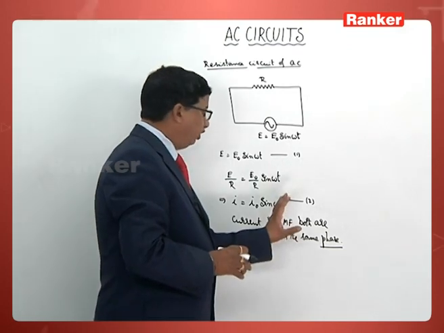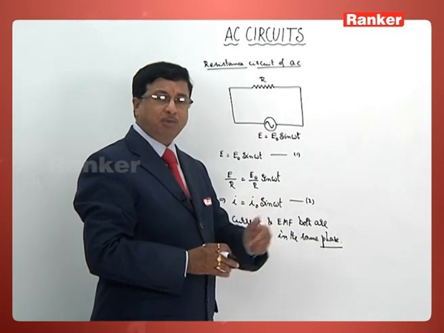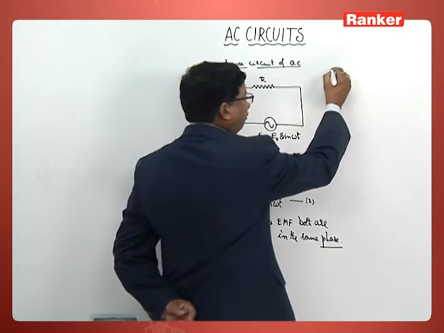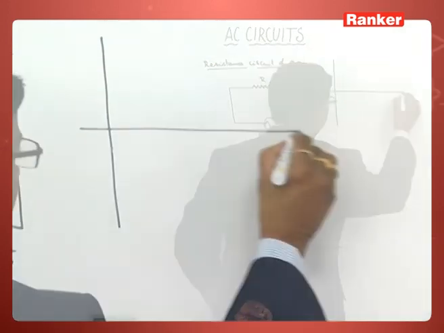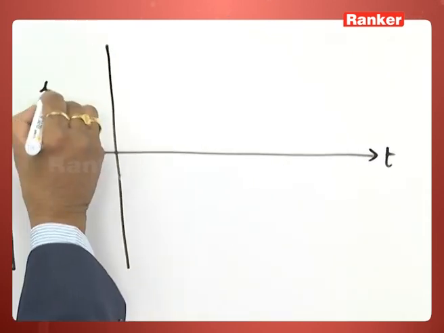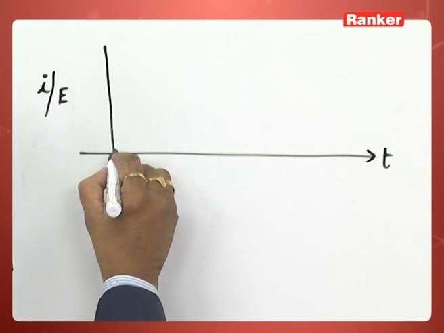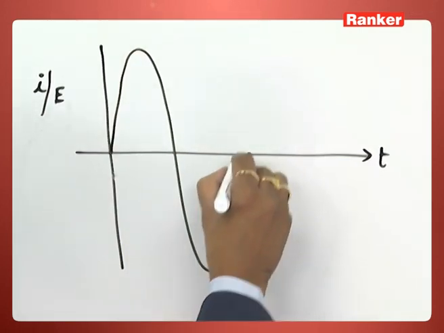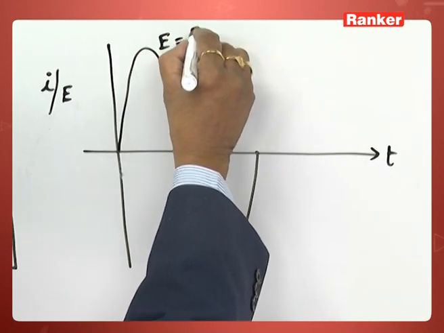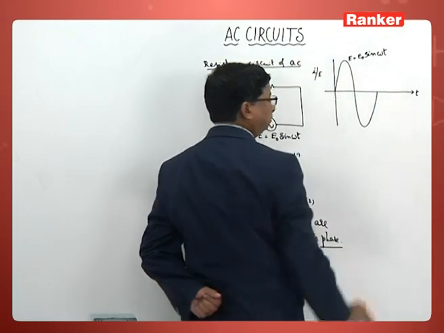But how can we represent this in the form of a wave diagram? Suppose I consider this as the time and this as either the current or EMF, then I will be getting here a sinusoidal waveform for the value of E is equal to E naught sine omega t.